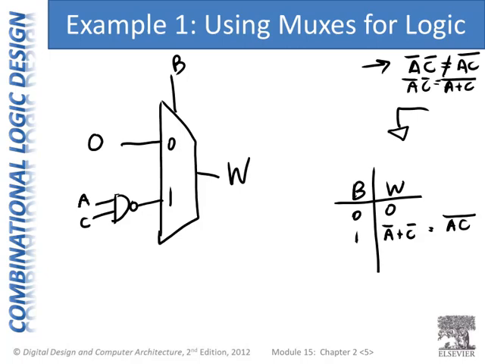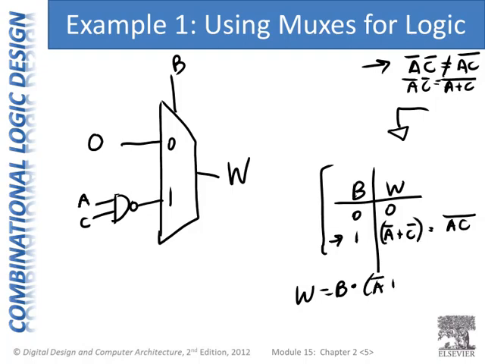Okay, so here we have our reduced truth table, and I want to reduce it again. Really that's just putting it into logic gates instead of using a multiplexer. The only way we're going to get an output of 1 on W is in the case that B is 1. We're going to get B, and so B is true, and this expression is true.